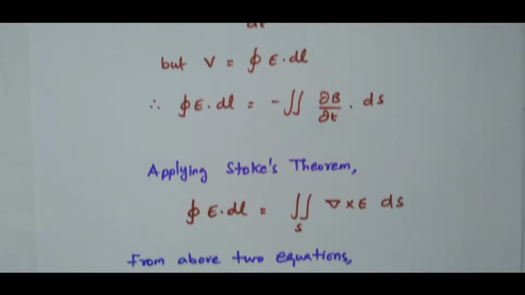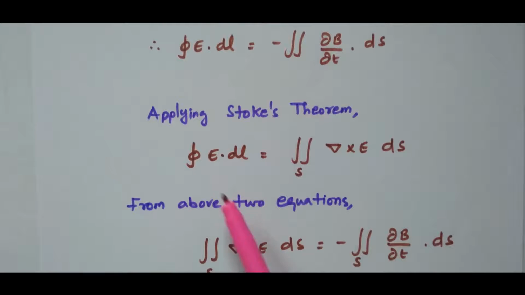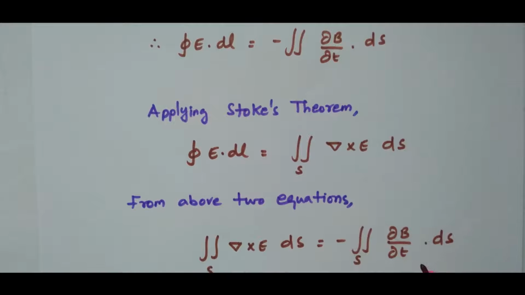By Stokes theorem, integral E dot dl equals double integral del cross E into ds. So by comparing these two equations, the left hand sides are equal, so we can equate the right hand side terms.